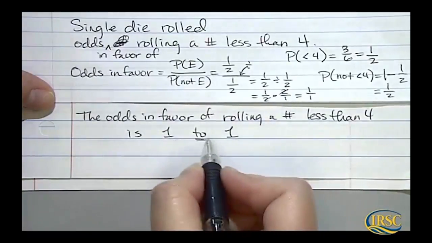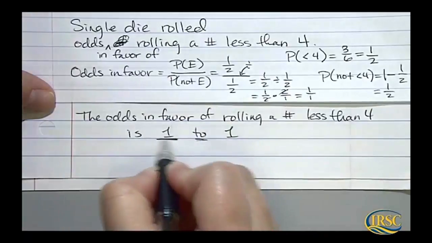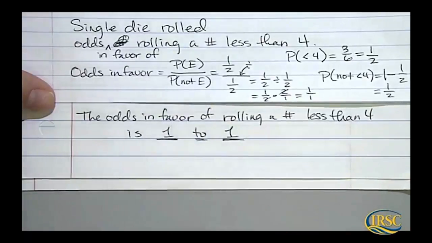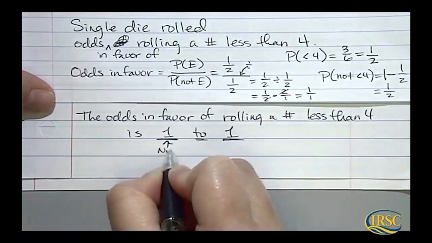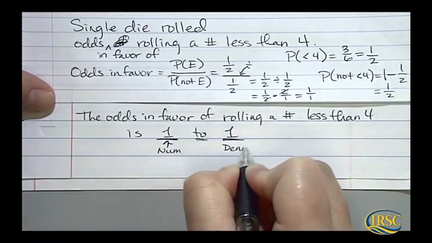You've got this word "to" in between, with your numerator, then your denominator. That's how you always fill in your answers, numerator to denominator.